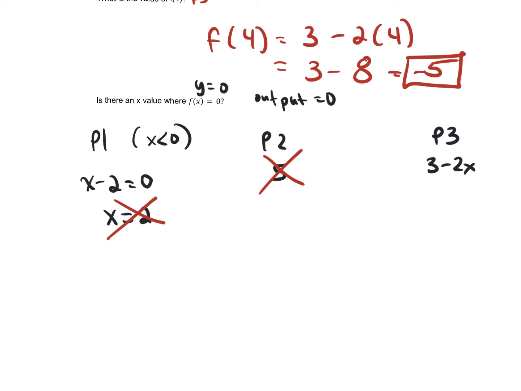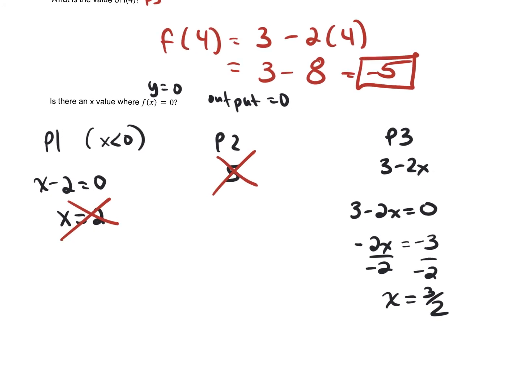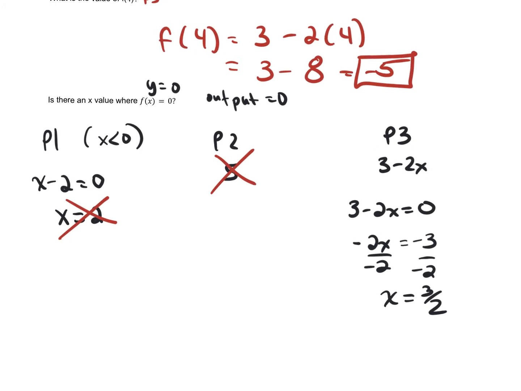Finally, let's look at piece 3. So if we want to know, could piece 3 ever give us an output of 0? Well, I can solve this by subtracting 3 and then dividing by negative 2. So that would be at x equal 3 halves. And piece 3 is okay because if you recall, piece 3 was valid when x is greater than 0 and 3 halves is greater than 0.